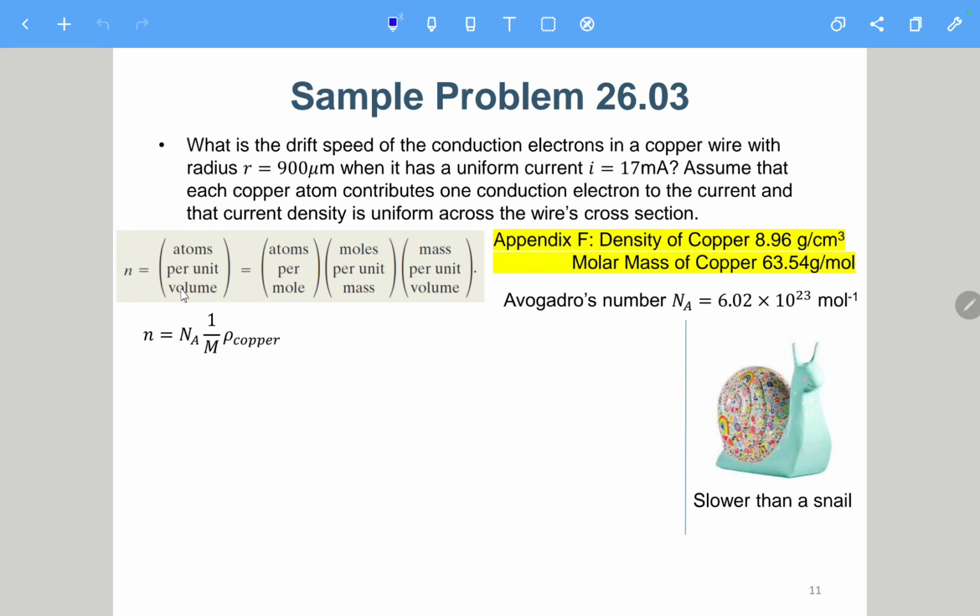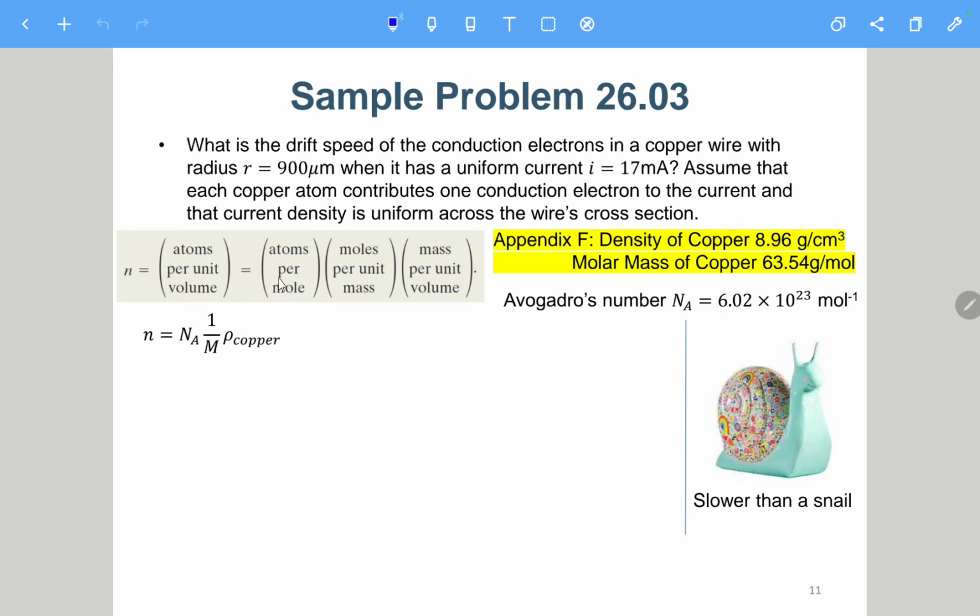So how many atoms per unit volume? It is like you just plug in something. Here we have atoms per mole. This number we can just check from the appendix.